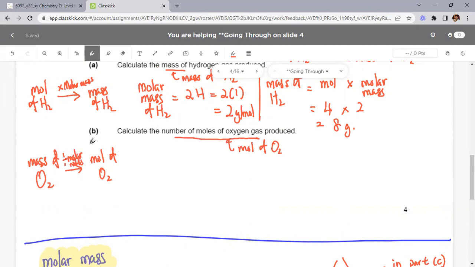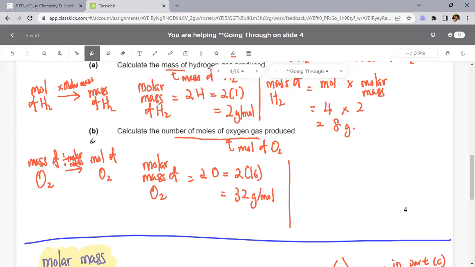So I must find the molar mass again. The molar mass of O2 is equivalent to 2 O, which equals 2 times 16, because 16 is the relative atomic mass of oxygen. So the molar mass of O2 is 32 grams per mole. Once I've found it, it's easier.